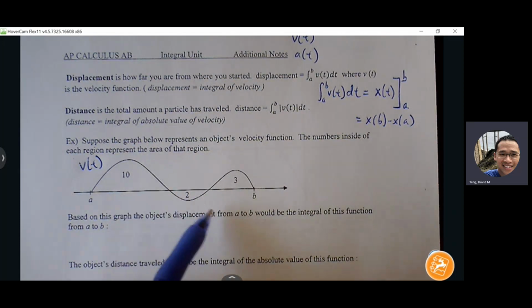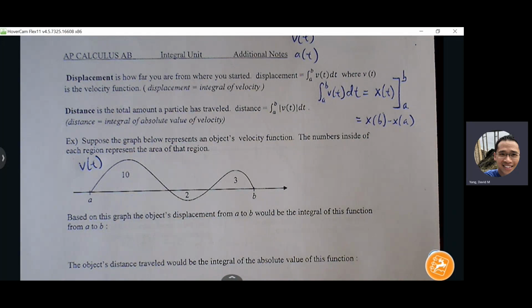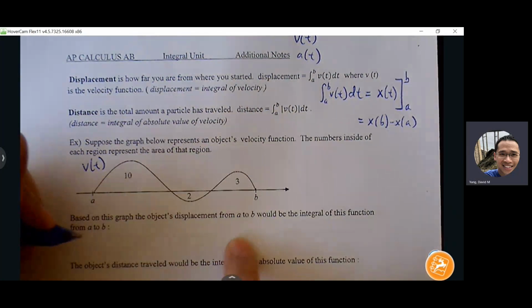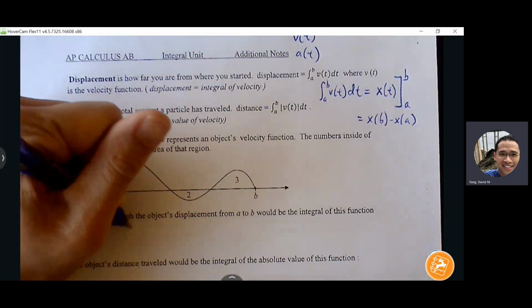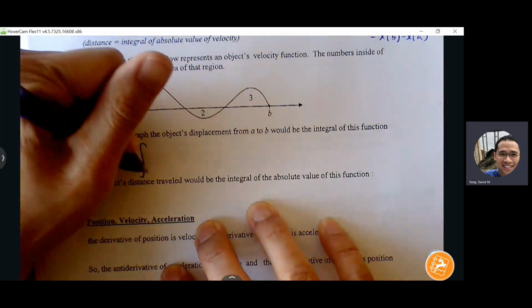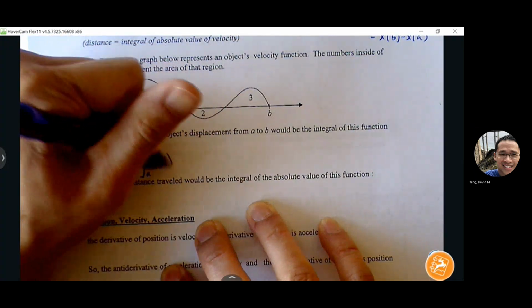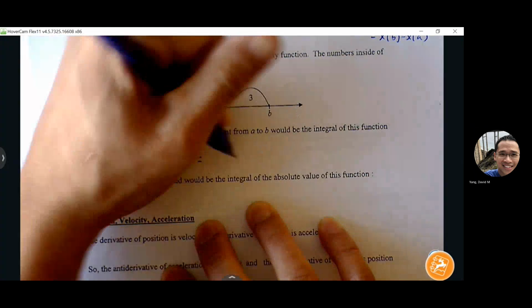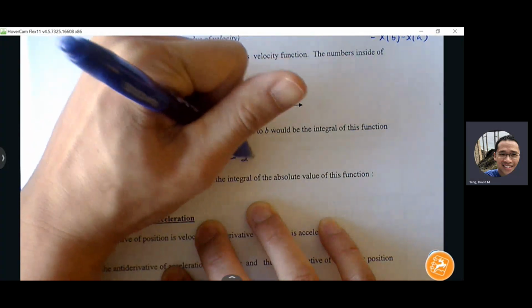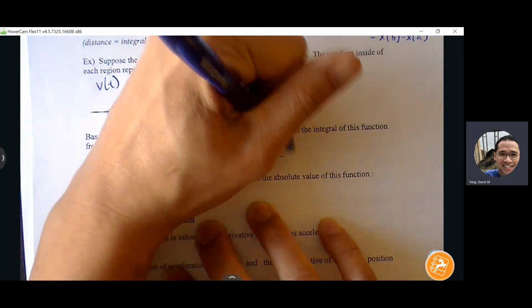Okay. So the displacement just means how far you are from where you started. So I move 10 to the right, 2 to the left, 3 to the right. How far am I going to be from where I started? So my displacement, I'll use the integral notation, is 10 minus 2 plus 3, which is 11.